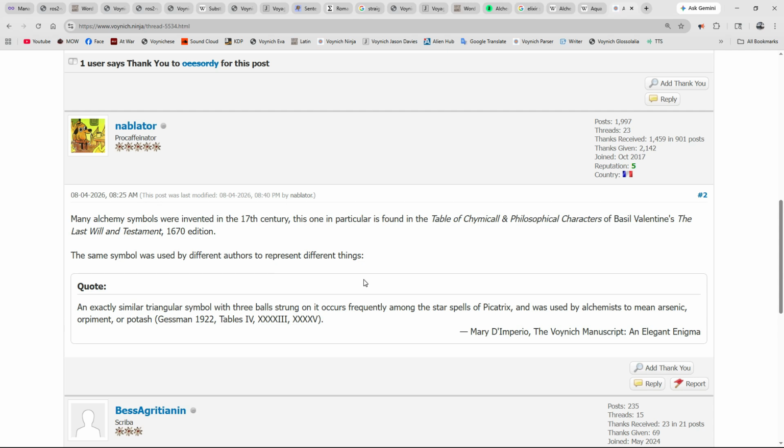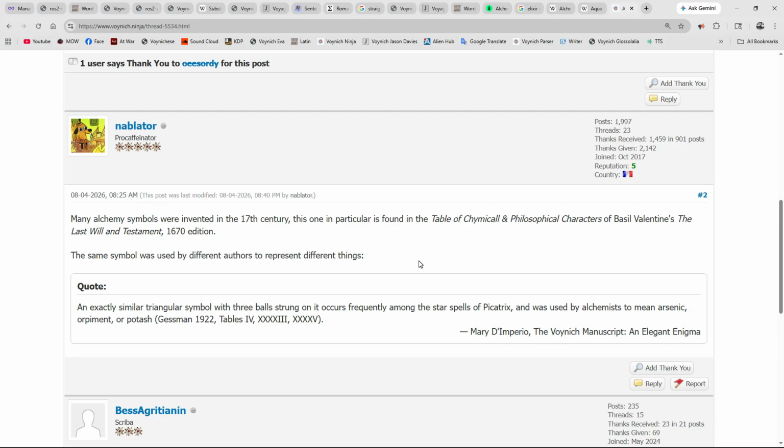Moving on. Many alchemy symbols were invented in the 17th century. This one in particular is found in the table of chemical and philosophical characters of Basil Valentine's last will and testament, 1670 edition.